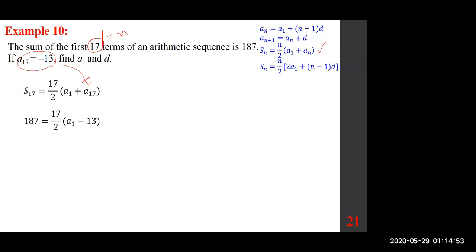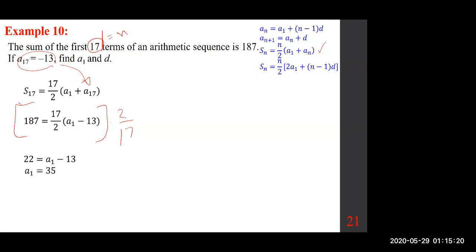In other words, you multiply this one by 2 over 17. When you do that, 17 halves goes away, and 2 over 17 times 187 gives you 22. And a sub 1 becomes 35.